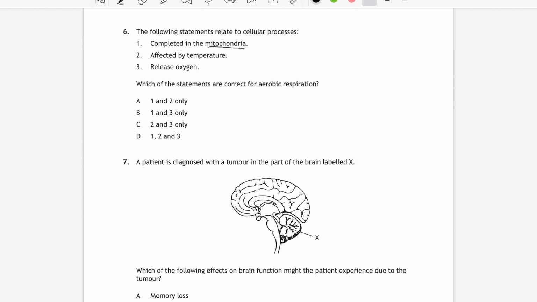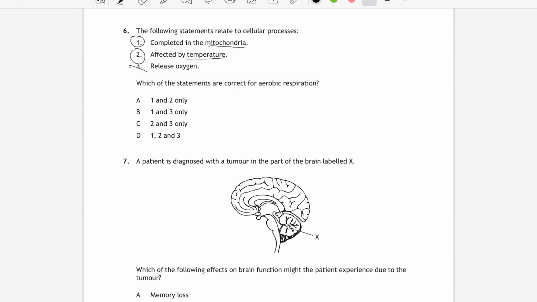Is it affected by temperature? Yes. Does it release oxygen? No. It uses oxygen. Aerobic respiration will happen in the presence of oxygen, but it will not release oxygen. So that means that 1 and 2 are correct, which makes it A.